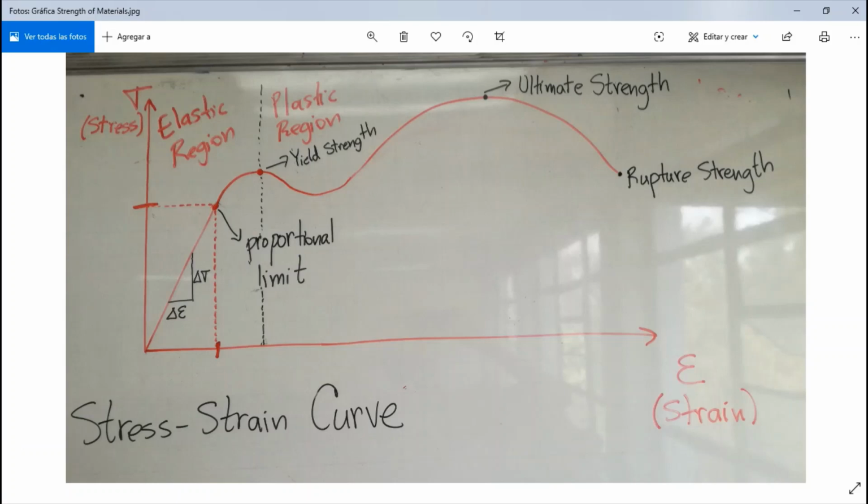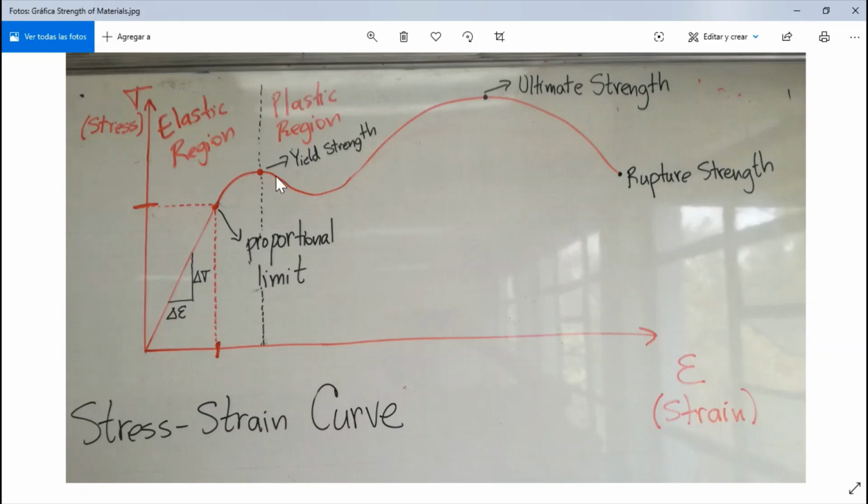As we start stretching the spring, we move from left to right, and there will be a moment in which the proportion is broken. They are still somehow proportional, but we cannot model it with a linear equation or function. And there will be a moment in which the spring will lose its elastic property and it will become plastic.